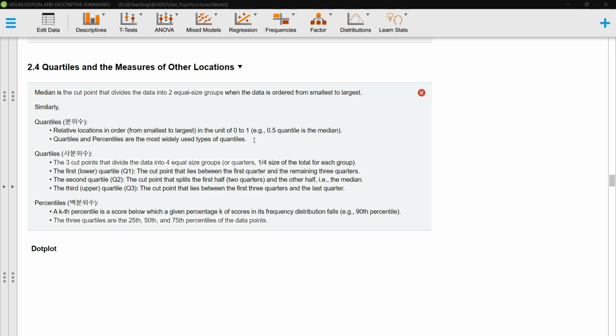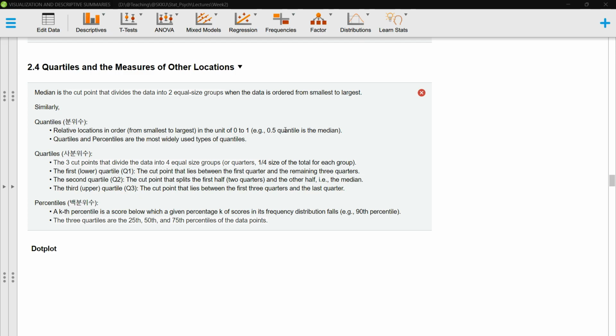Okay, so the 0.5 quantile is the median, because below that quantile we have a 0.5 portion of the data, and above the 0.5 quantile, we have the other 0.5 portion of the data. So that is exactly the same definition as the median, right?